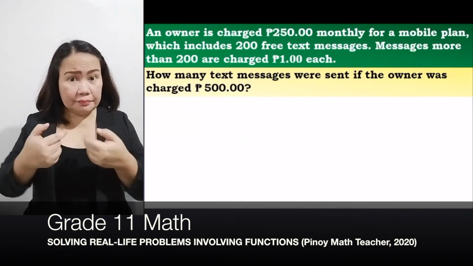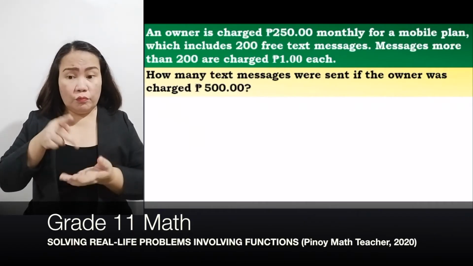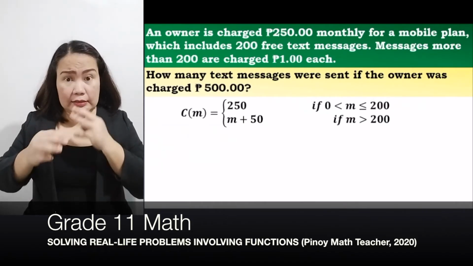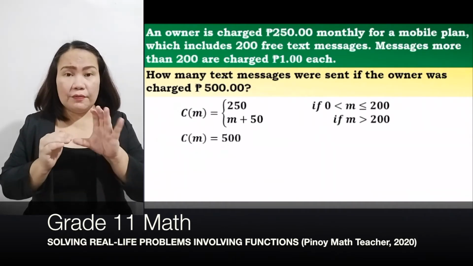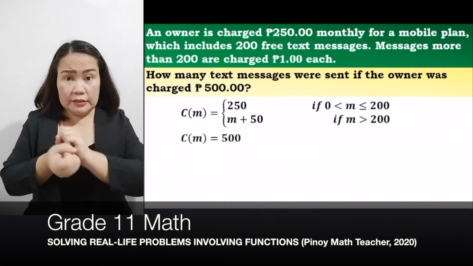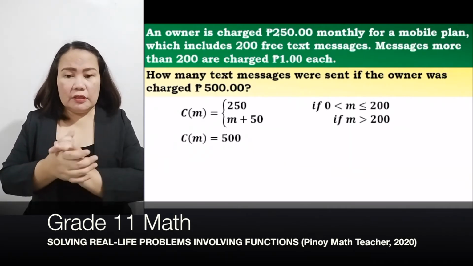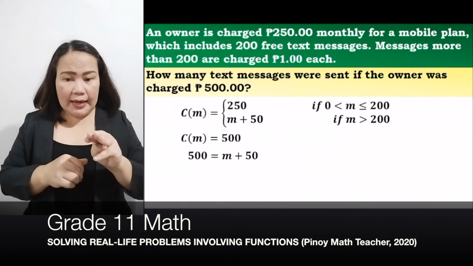How many text messages were sent if the owner was charged 500 pesos? Okay, ang hinahanap dito ay yung number of text messages given yung C of M, that is 500. So, isa-substitute ko ngayon yung 500 na to sa ikalawang function natin, which is C of M equals M plus 50. Ayan, so pinalitan ko na siya ng 500.